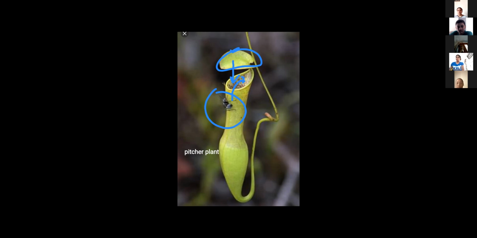So if the insect wants to come out, that is not possible, because of the stickiness it will stick there. And on that, the digestive enzymes work. It will kill them, and from that the plant gets nourishment. That is the pitcher plant. So these are the modifications of leaves.